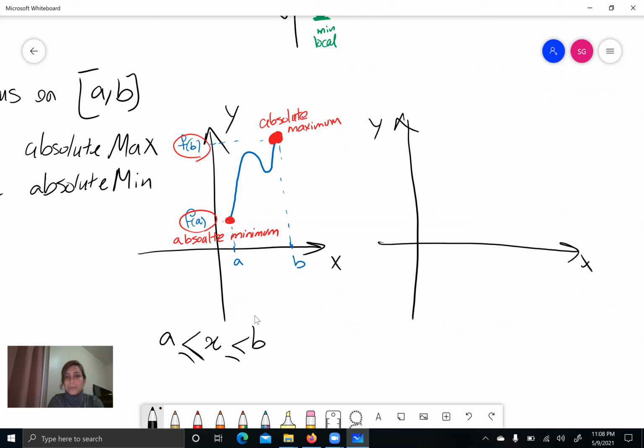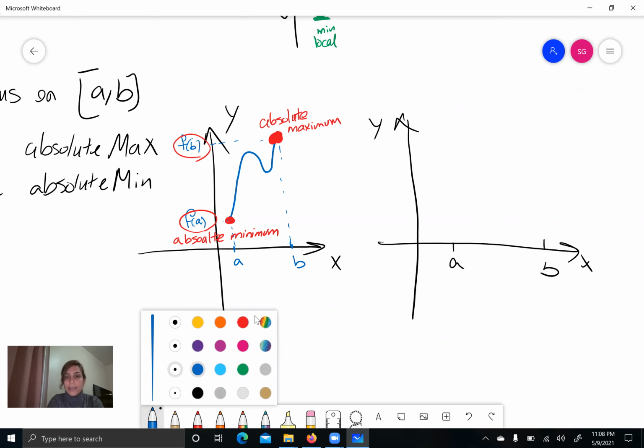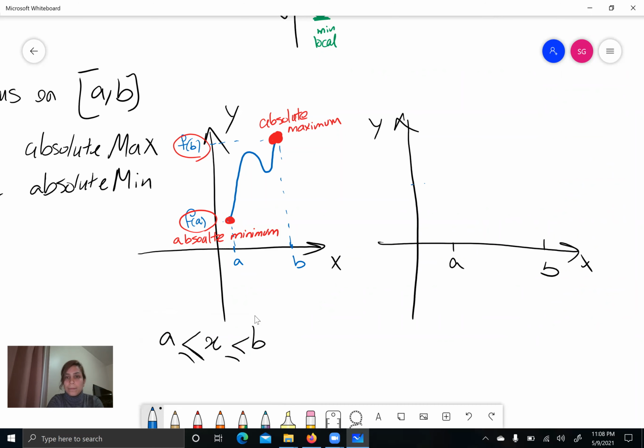For example, suppose your function is like this. So this is f of A, and this is f of B. The theorem says that there is a point in between A and B that is absolute max and absolute minimum. And in this case, you see this is the absolute minimum. This has the smallest height.